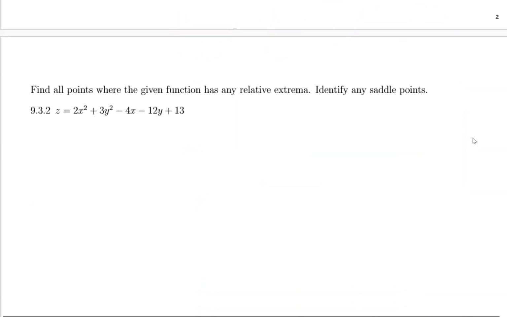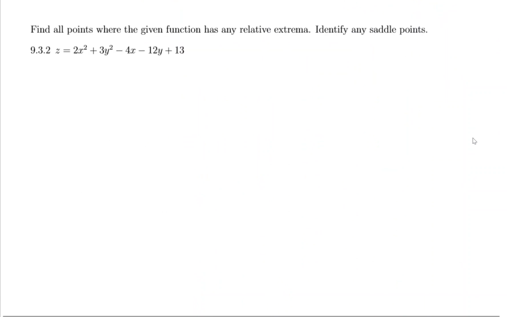Okay, let's do this. So the first thing is I need the first derivatives and I need to figure out where they're zero. So I'm going to do zx, the x derivative. So to do a partial derivative, remember we're going to treat the variable of interest as a variable and everything else as constant. So since I'm doing the x derivative here, I'm going to be treating y like it's a number.